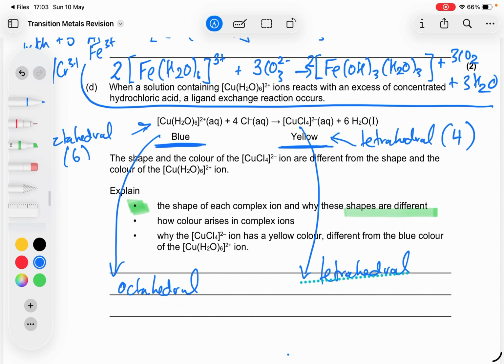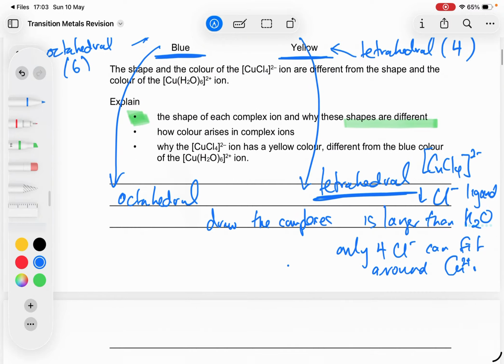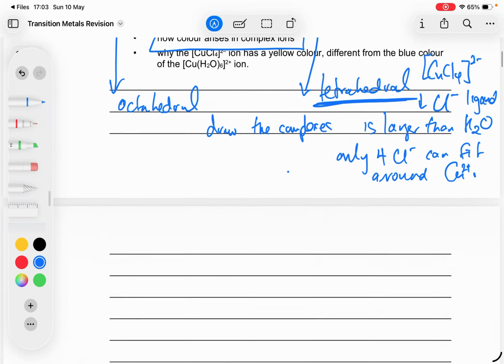That's how I would draw the complexes, and the reason why CuCl4 2- is tetrahedral is because the chloride ligand is larger than the water ligand, so only 4 Cl- can fit around copper 2+.